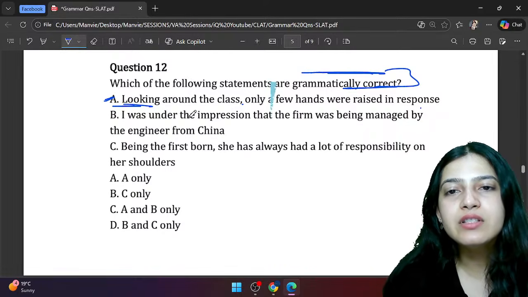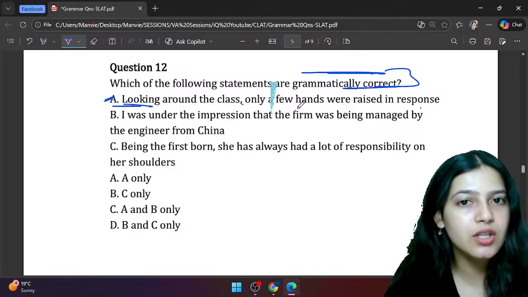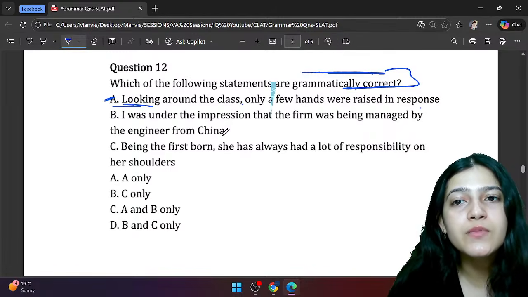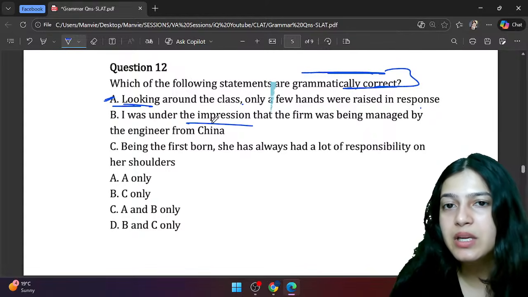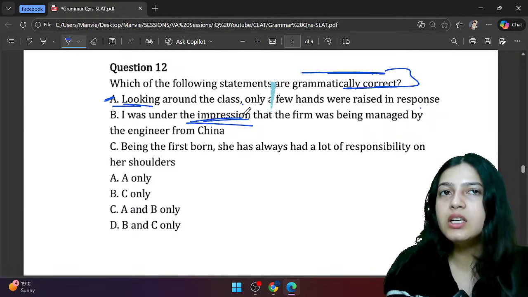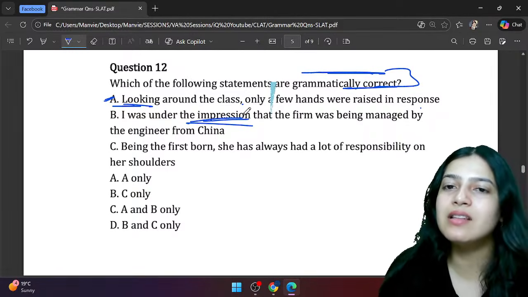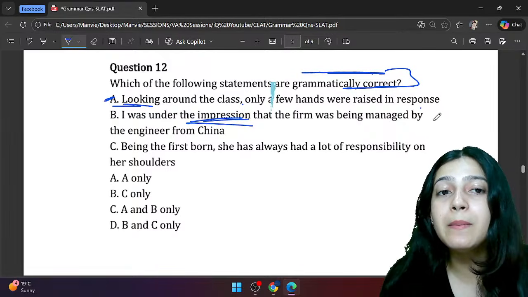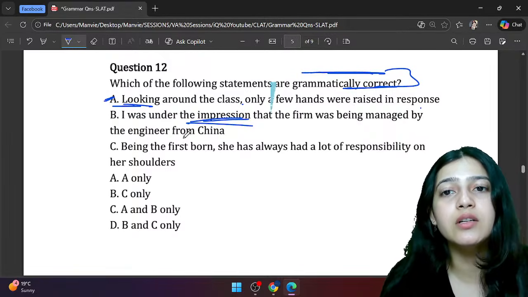B says, I was under the impression that the firm was being managed by the engineer from China. Being under the impression means there is a particular thing that you think is a certain way. That was something I thought: that the firm was being managed by the engineer from China.